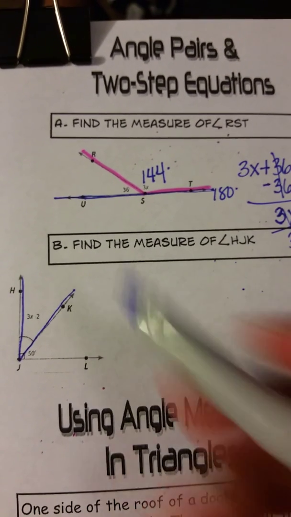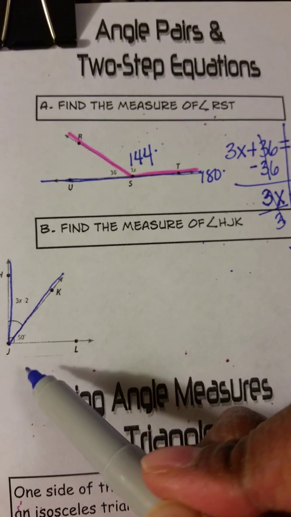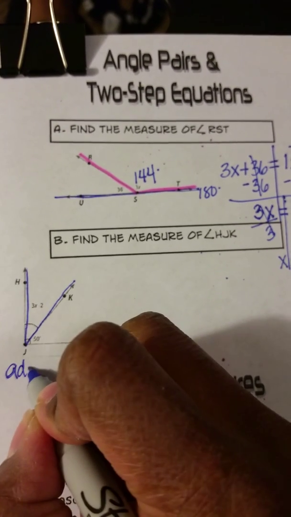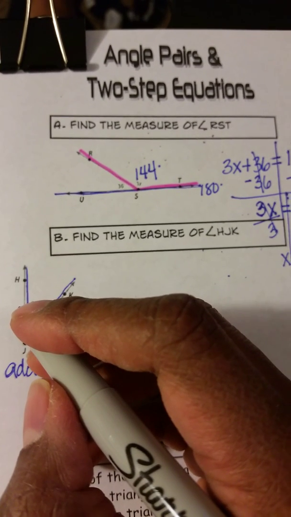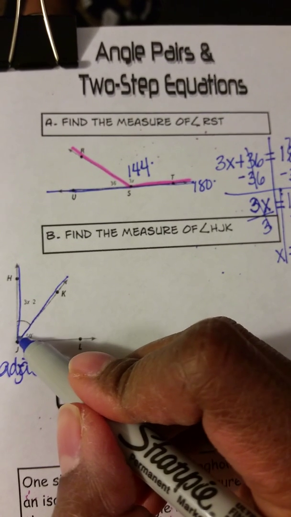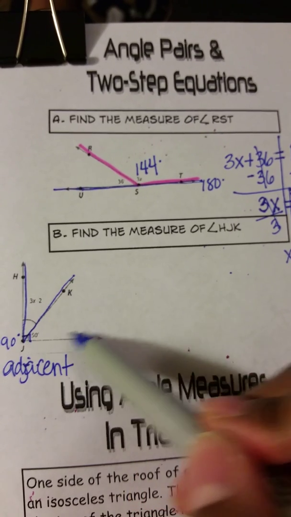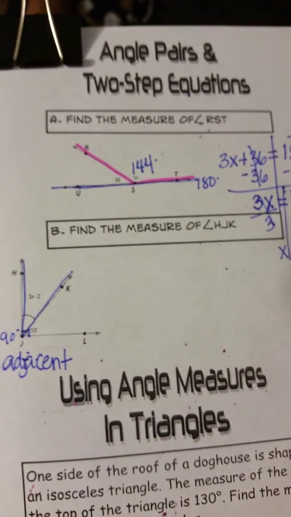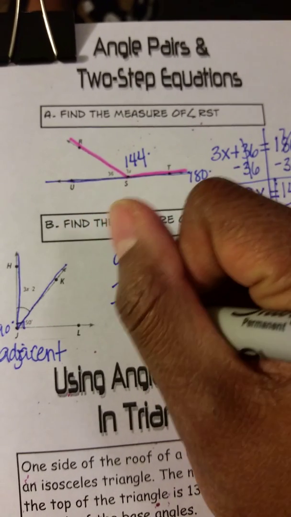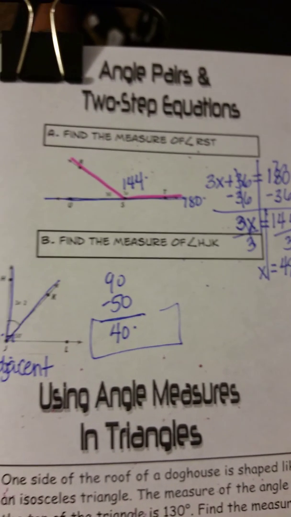Now we know that these two angles here, angle HJK and angle KJL, are adjacent, and we also know that this is a 90-degree angle. So if this angle is 50, then this angle has to be 90 minus 50, which would give me 40 degrees. So my answer would be 40 degrees.